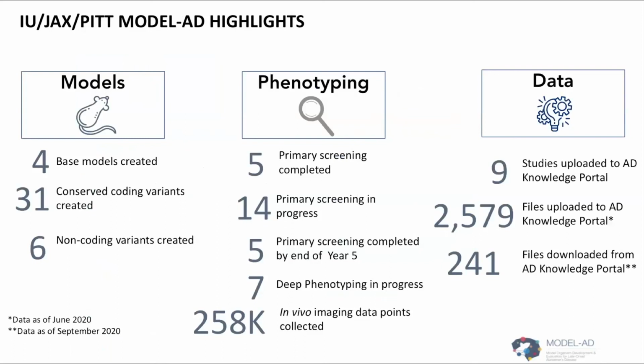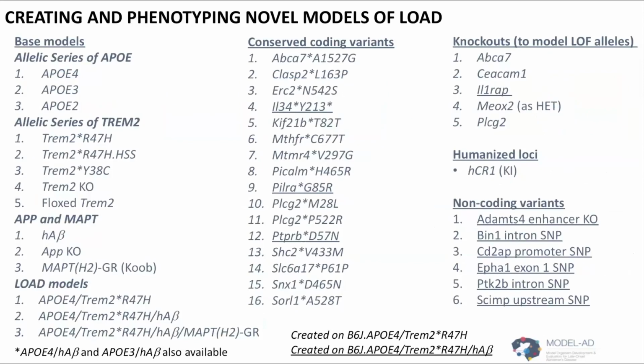In terms of mouse models, I've talked through 4 base models that we've created. We've created 31 different mouse models in addition through the conserved coding variants as well as non-coding variants. And we've got a lot of phenotyping in progress and a lot of data that's already been deposited in the AMP-AD knowledge portal.